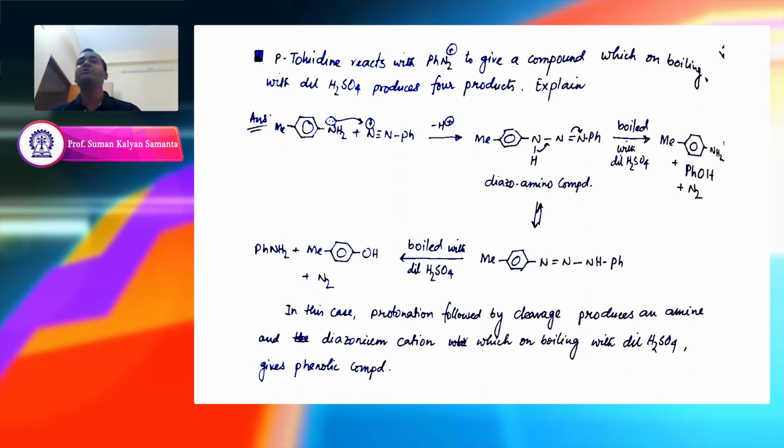When it reacts with your benzene diazonium salt, first it gives this diazoamino compound. Then this diazoamino compound can rearrange. So this H will go to the other nitrogen, so the double bond can come here. Now when you boil with dilute H2SO4, the single bond will be broken first.